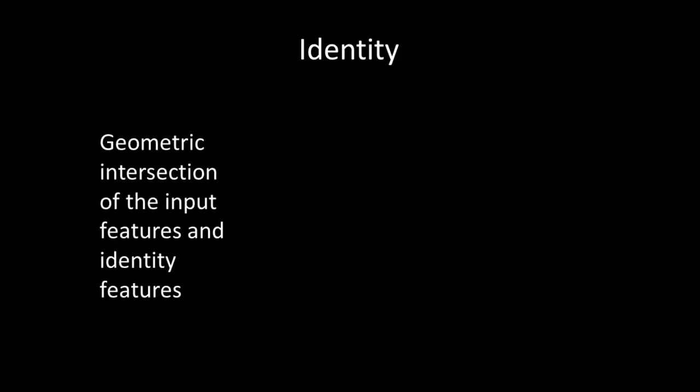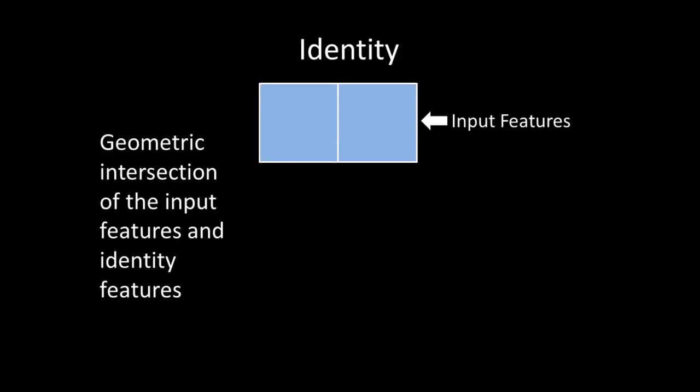Identity. Identity is where the geometric intersection of the input features and identity features are computed, and portions of input features that overlap identity features will receive attributes of the identity feature. For example, let's say you have 2 input features. They have an attribute of A for feature 1 and an attribute of B for feature 2.